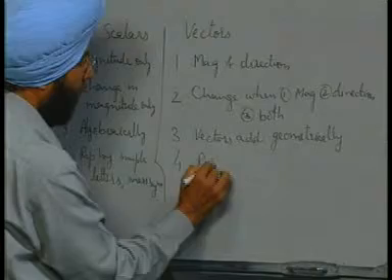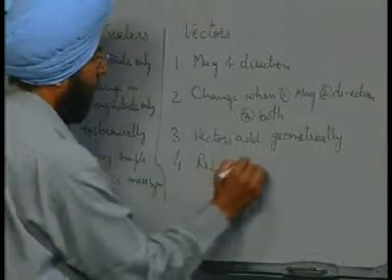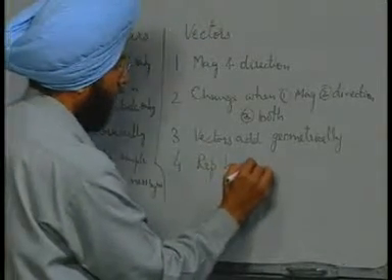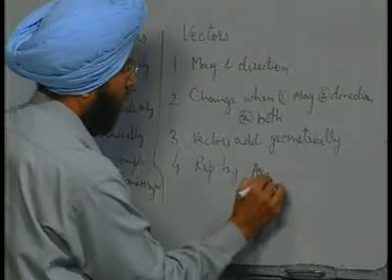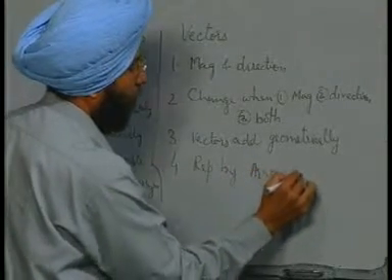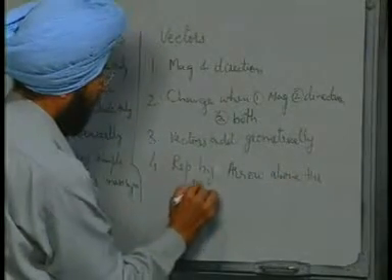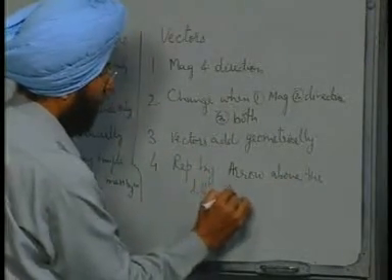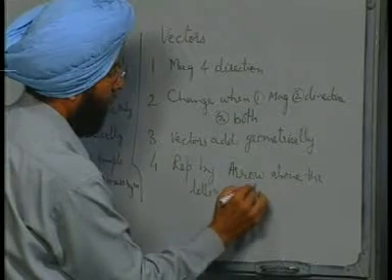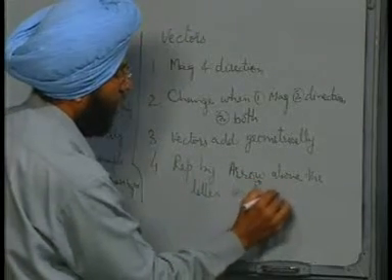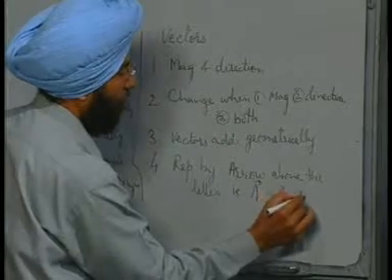Vectors are represented by an arrow above the letter, that is, A with an arrow is A vector.